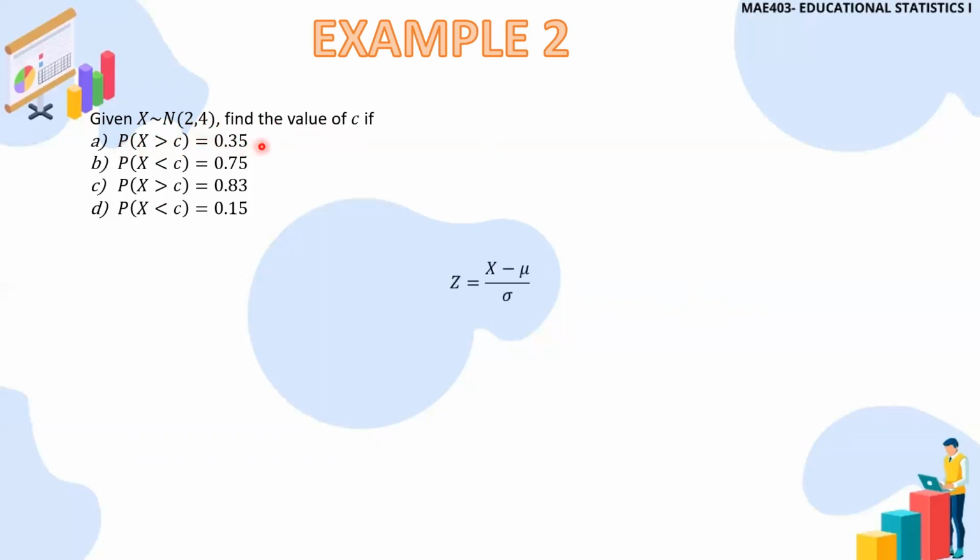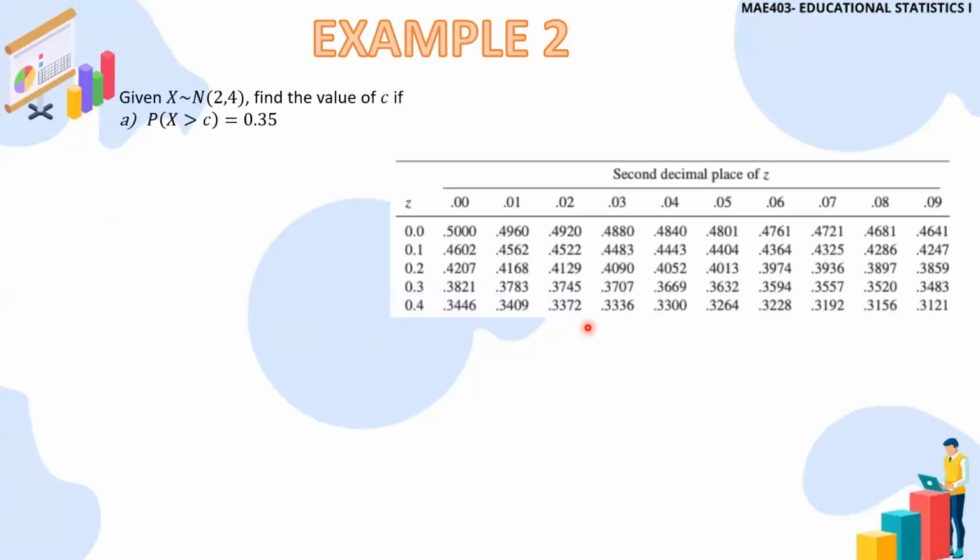To approximate from the normal distribution to the standard normal distribution, we use X minus mu over sigma. So if the probability of X greater than C, it is equal to the probability of Z greater than C minus mu over sigma. The first one: the probability of X greater than C is 0.35.